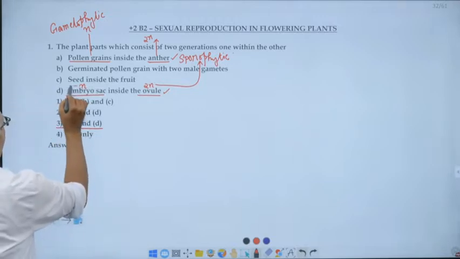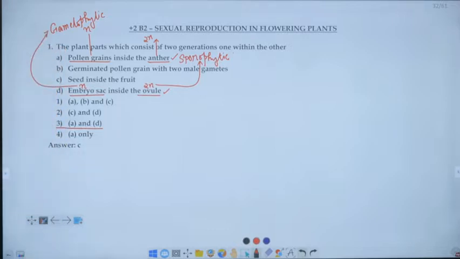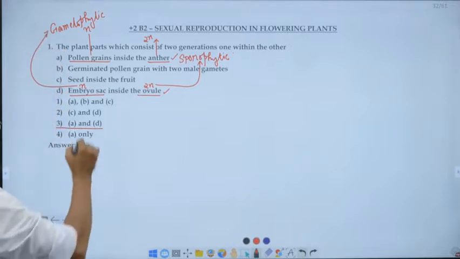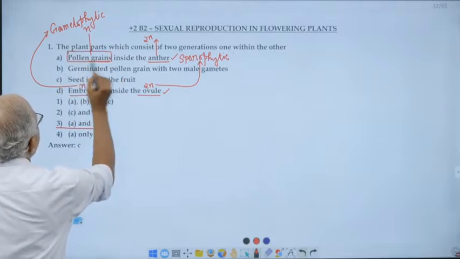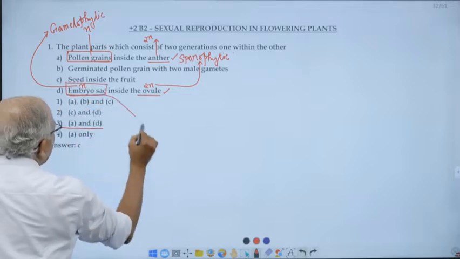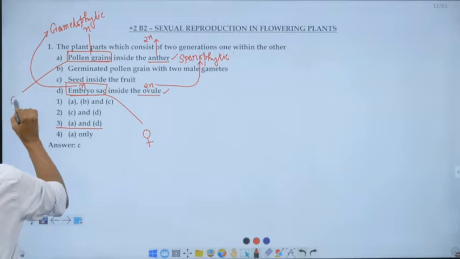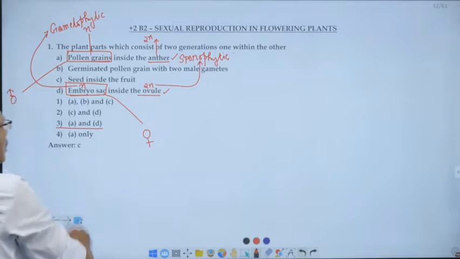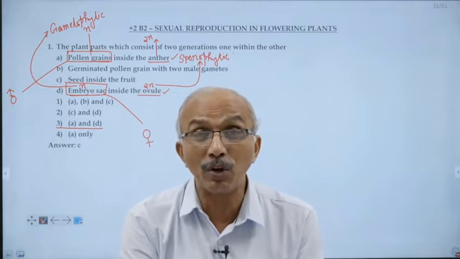Embryo sac is haploid, it is a gametophytic generation. We studied that pollen grains represent male gametophyte, embryo sac represents female gametophyte.